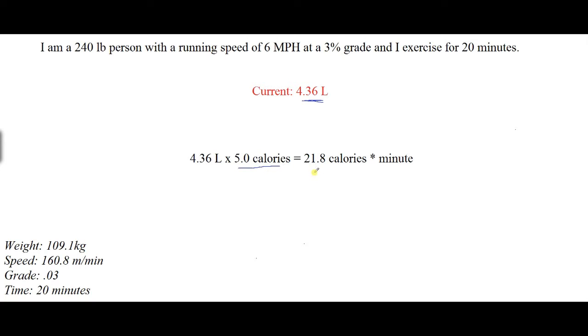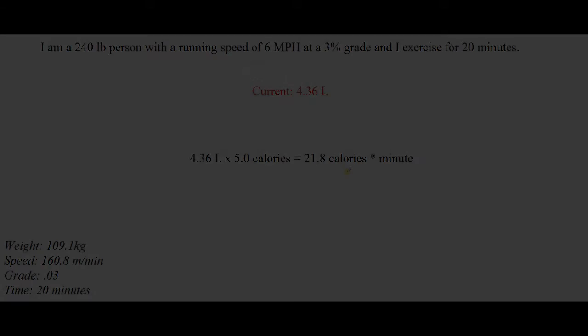That's going to give us calories per minute. So the main thing right now is calories. We're moving in a direction now where we actually know the amount of energy that we're expending. That's it. Really simple. Again, just like every other step, it's really simple.